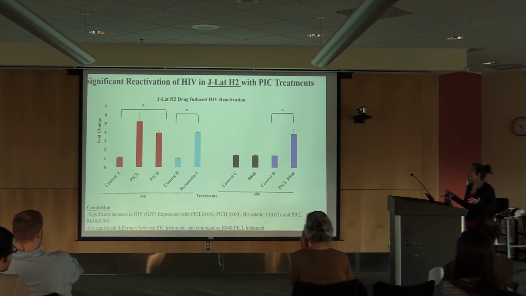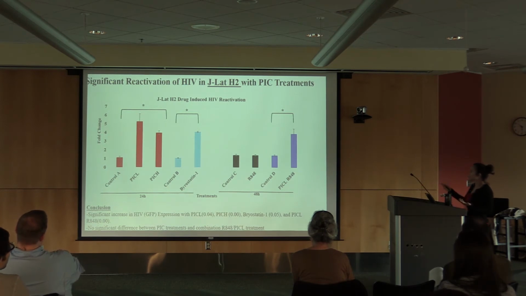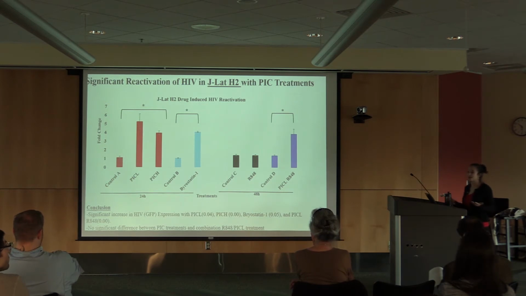This is really good to know, meaning that we can just use poly-IC within patients and not treat them with R848 because they're already taking so many drugs. It's best to use the smallest amount of treatment possible to reactivate this latently infected reservoir. And R848 did not initiate a very good HIV reactivation at 24 or 48 hours on its own.